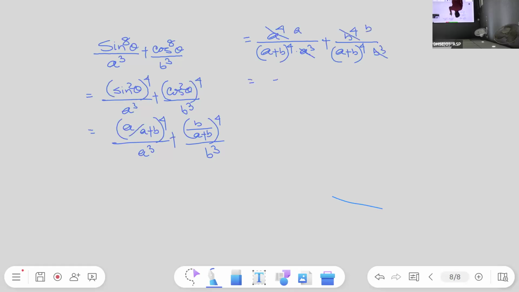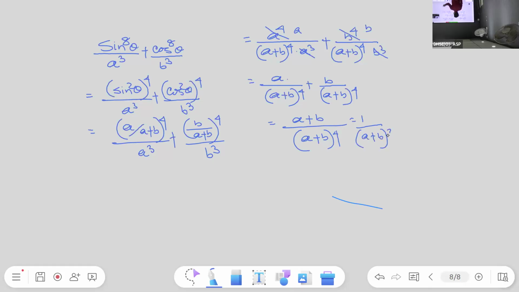This is equal to (a upon a plus b) whole to the power 4 plus (b upon a plus b) whole to the power 4. This is equal to (a plus b) upon (a plus b) whole to the power 4. This is equal to 1 upon (a plus b) whole cube. This is the answer. Okay.